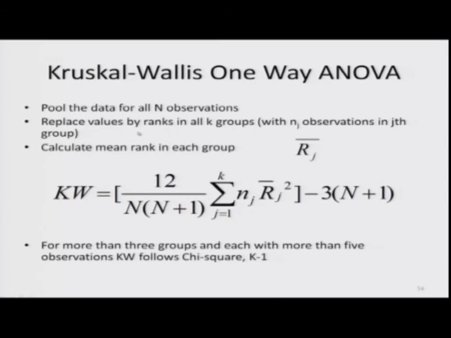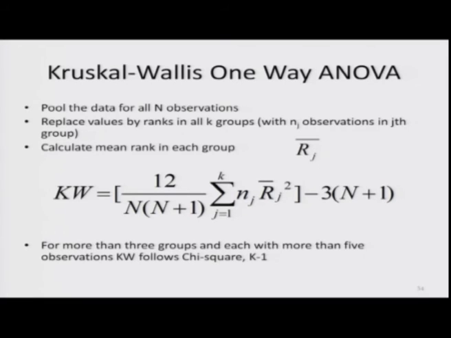replace values of the original variable by ranks in all k groups and obtain the mean of ranks for all the groups. Say for the jth group, the number of groups may be 2 or 3 or 4 or 5. R bar j represents the mean of ranks of values in the jth group in the pooled data.